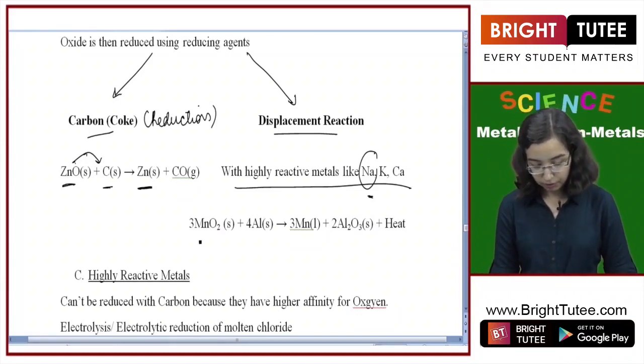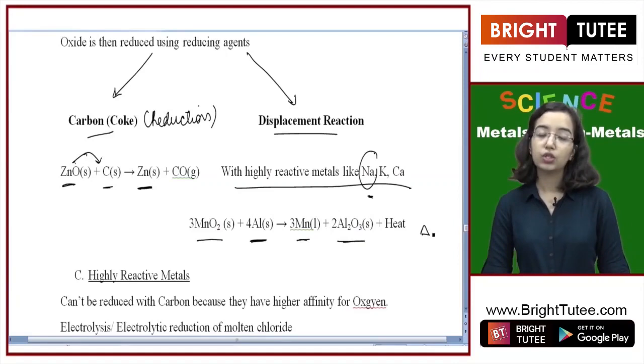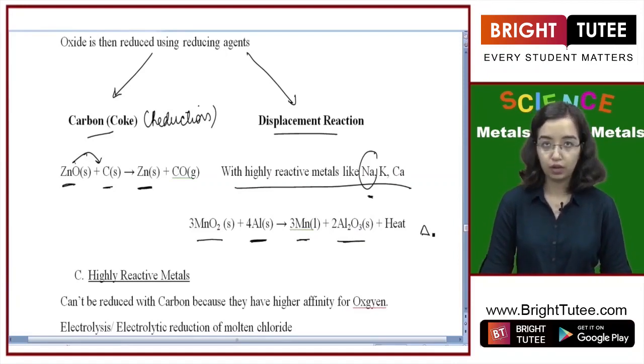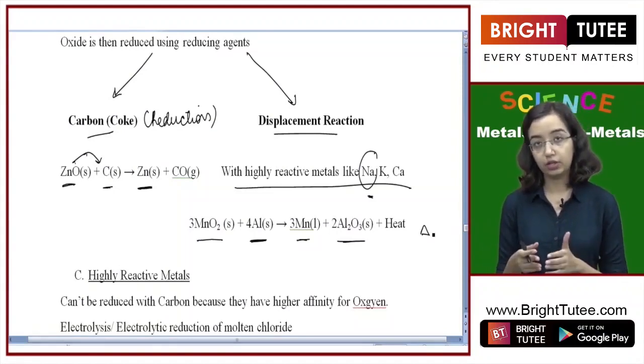One example here is of manganese. So we have manganese oxide. We react it with aluminium, we get pure manganese and aluminium oxide and a lot of heat. So this reaction is highly exothermic. In fact, this reaction is called the thermit reaction. It is so exothermic that it can also be used to join railway tracks.